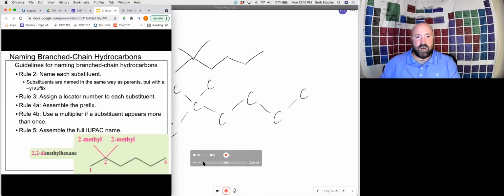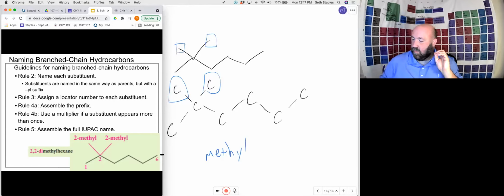And so we can see that each of our branches here are made up of just 1 carbon. Each one of them separately are made up of 1 carbon. 1 carbon, remember, gets the root meth. But now that they're substituents, now that they're not main chain, they're called a methyl substituent.